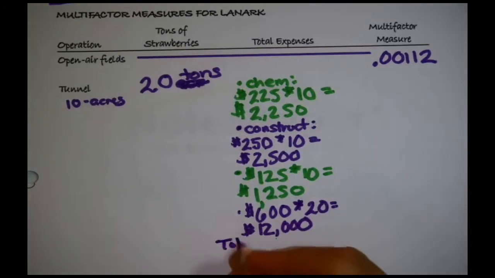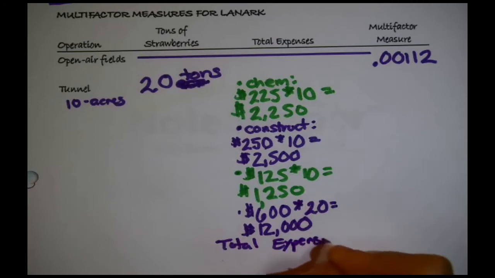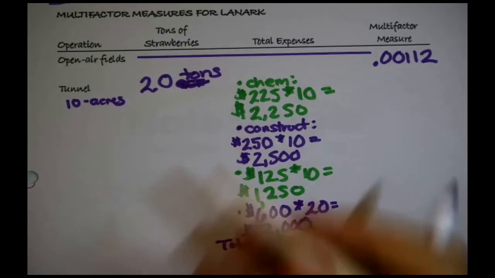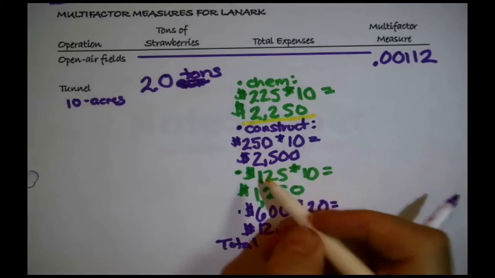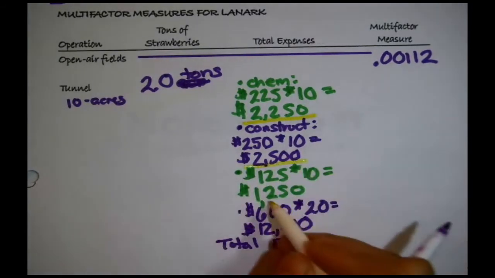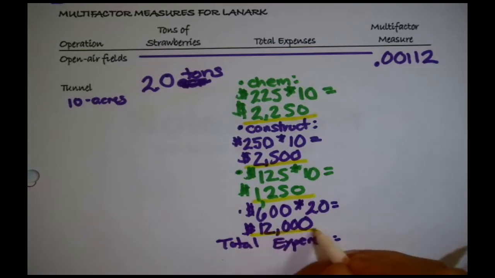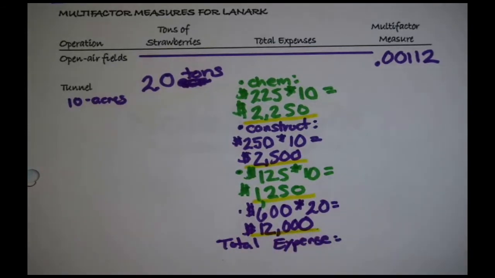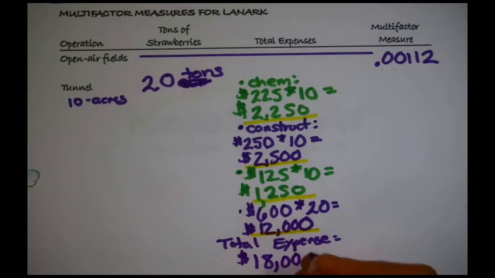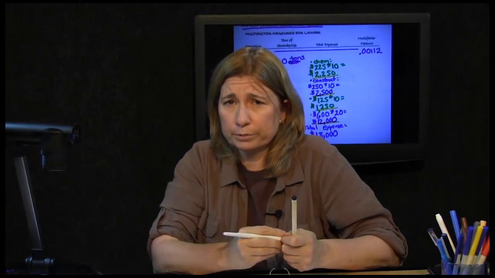Total expense. I add up the chemical expense, the construction expense, the planting expense, and the harvest and packing expense, and I get, check me on this, that we spent $18,000 last year supposedly on the high tunnel operation.